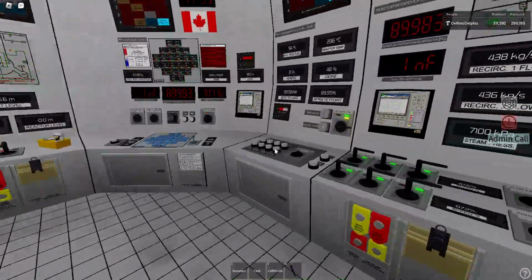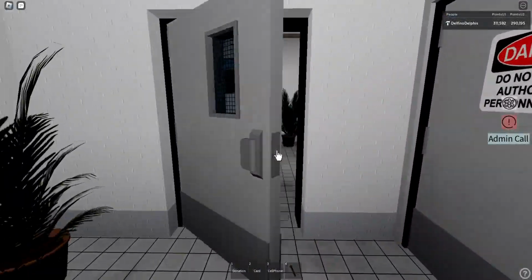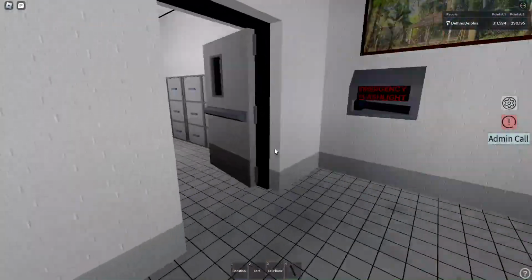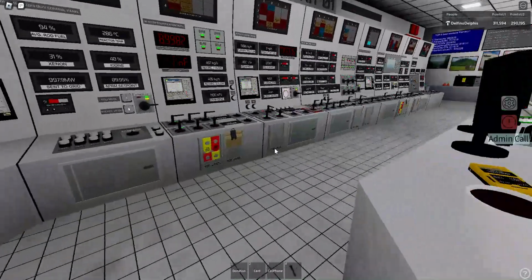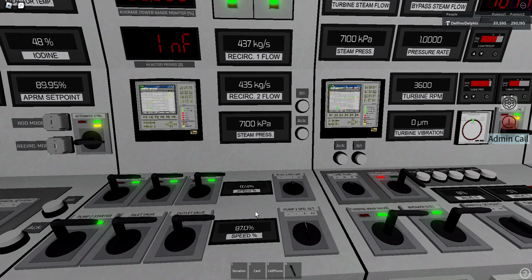So I won't be going a lot into details now. If you want, probably you can read about it here or in the manual, how to deal with the malfunctions. Generally, it's quite logical. For example, you can read the flows.